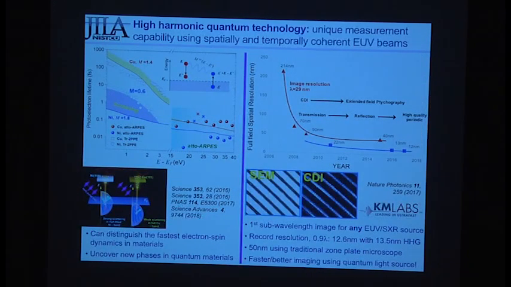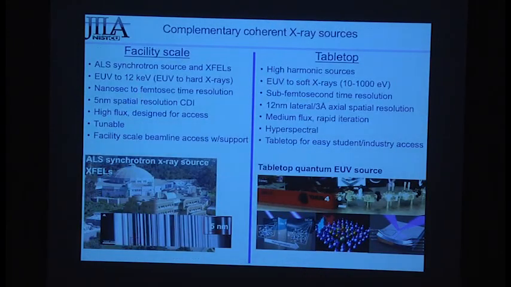Okay, so I hope I've shown you that we are able to make measurements at really extremely high time resolution, and we're learning how to use those measurements to learn something about interactions in correlated materials. Tomorrow I'll talk about using the spatial resolution of high harmonics to push imaging to its limit.